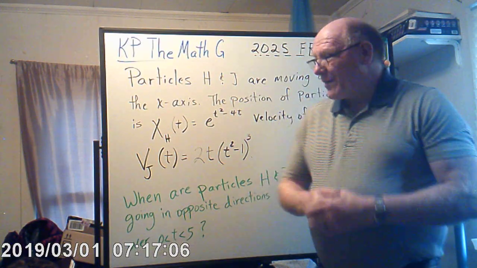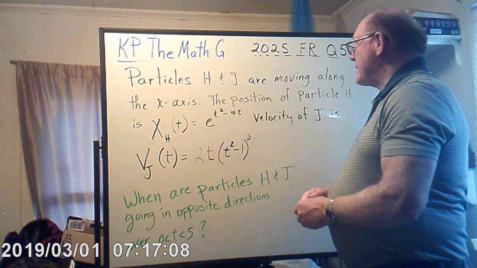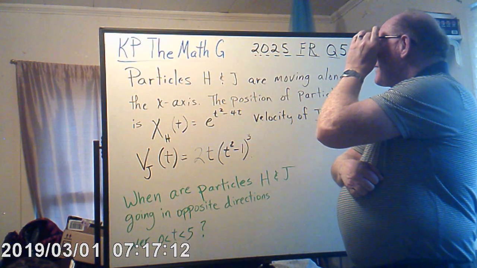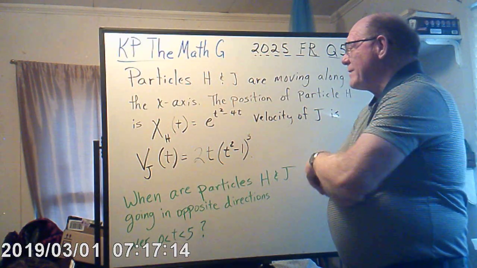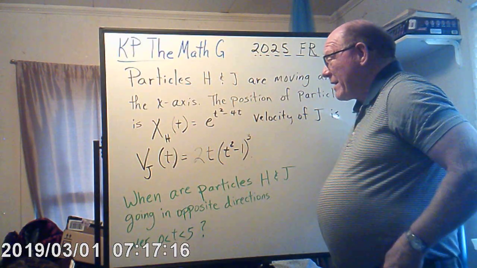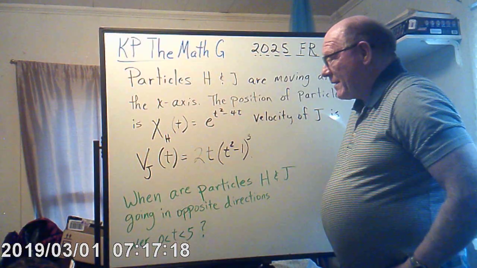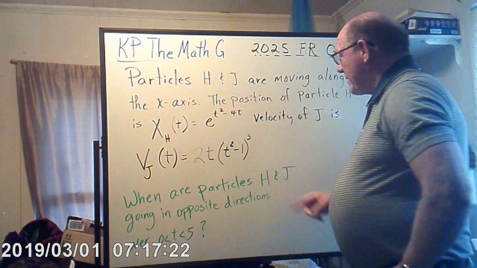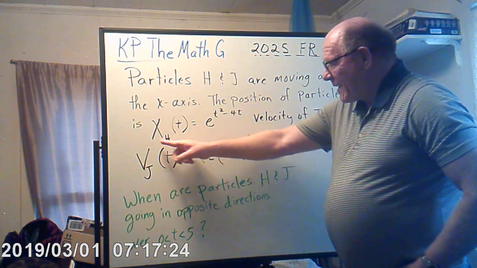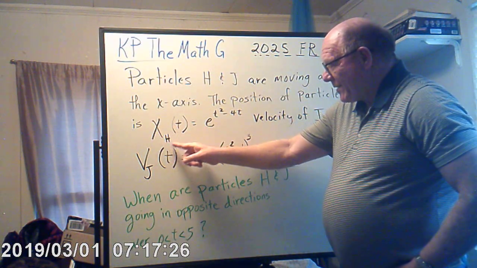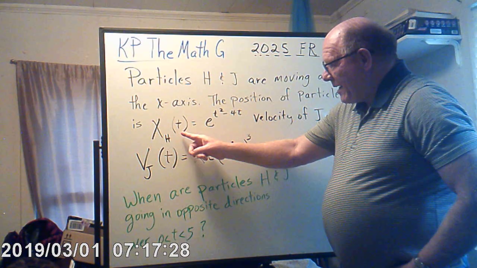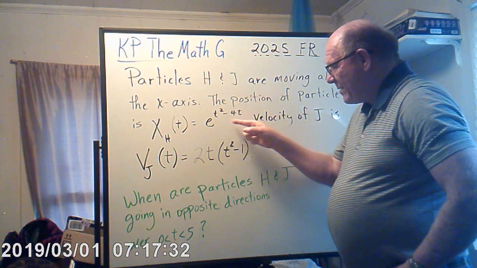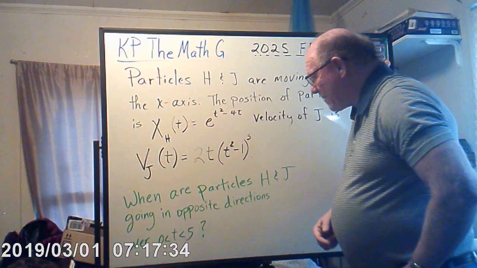We are looking at Part B of the 2025 free response question number 5. The overall picture here is that you have a position function of x relative to h at t, which is equal to e to the t squared minus 4t.